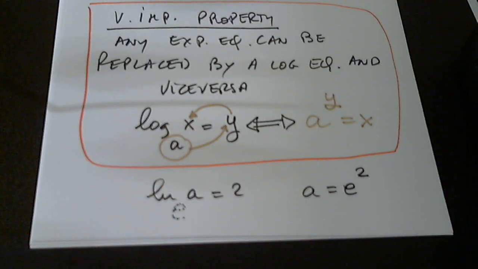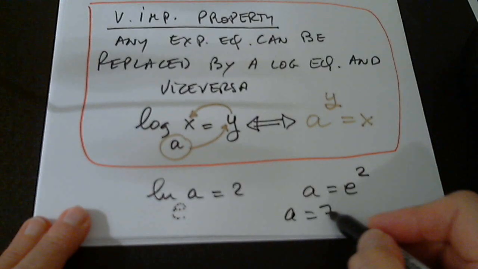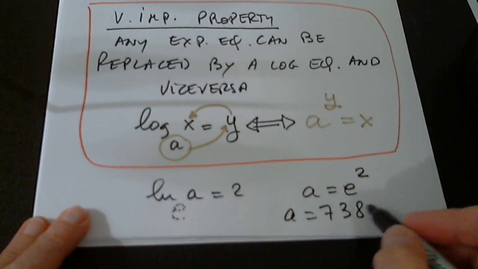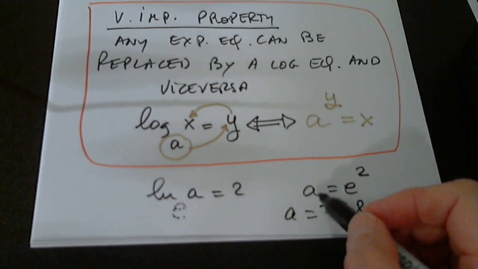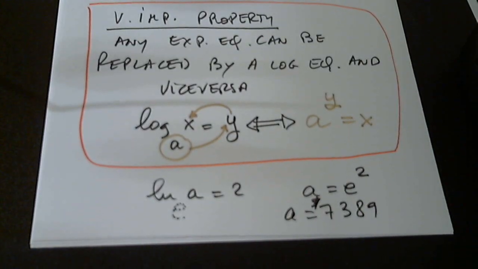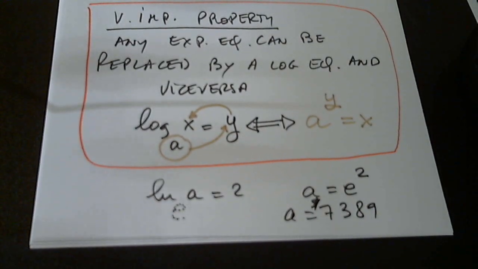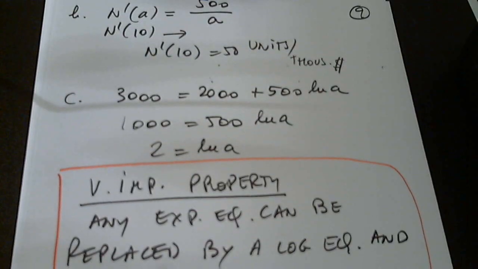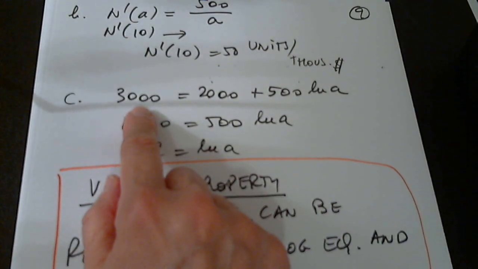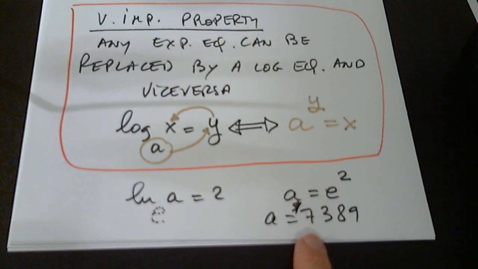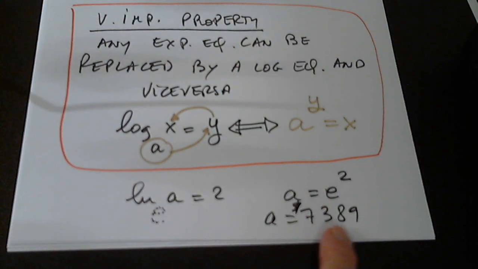So this is 7,389. 7,389 dollars. So in order to sell 3,000 units, we have to invest $7,389 in advertising.